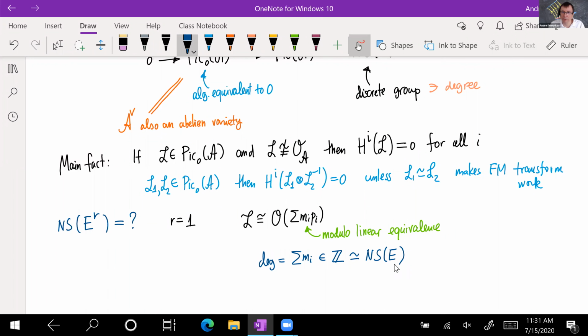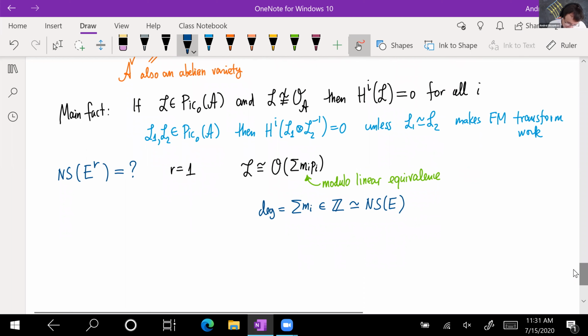And in fact, what's remarkable for abelian varieties is that the Picard functor is represented, in the fancy language of algebraic geometry, by a fine moduli space. It means not only that it parameterizes line bundles, but there's a universal line bundle, which parameterizes all possible line bundles of degree 0. And the way it looks for an elliptic curve, E dual is isomorphic to E. And then what we need is the universal family.